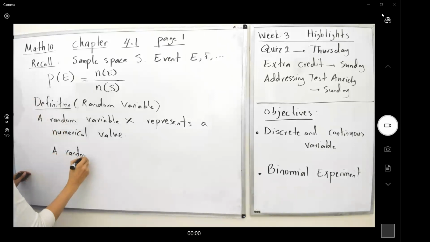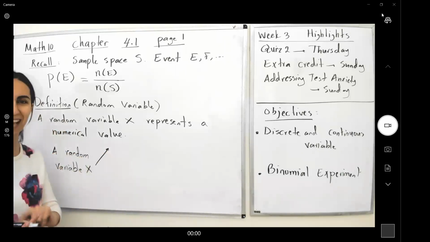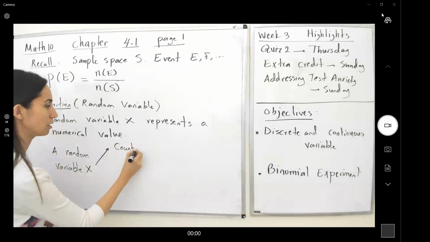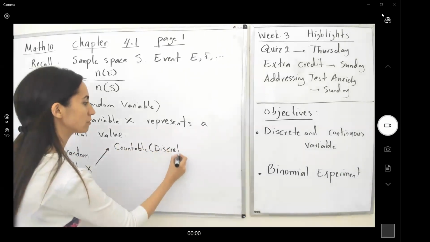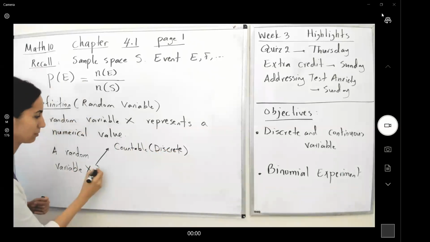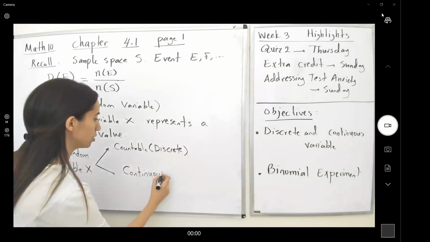A random variable like x can be either countable, we can count it, or discrete, or it can be uncountable or continuous.